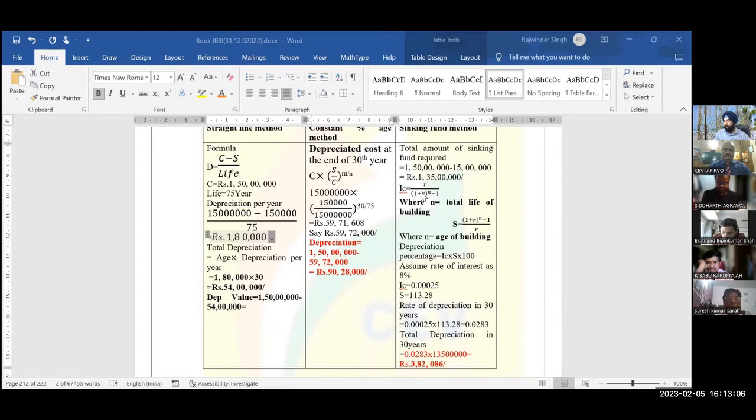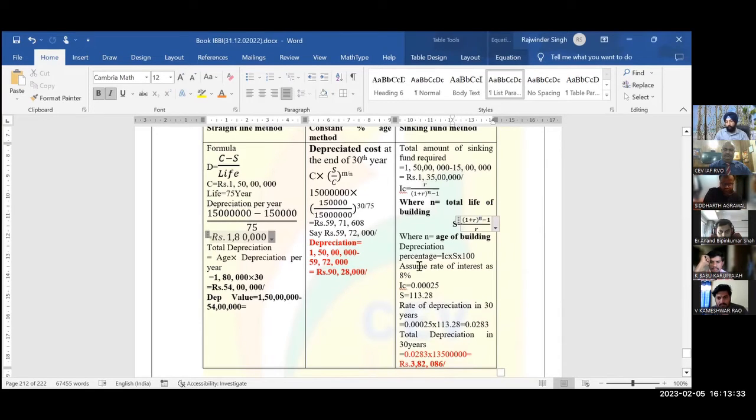Then you know the formulas for I and S: I is equal to R over (1 plus R) raised to power N minus 1, and S is equal to (1 plus R) raised to power N minus 1 upon R. So in this formula, what will be the value of N? 75. And in this S, what will be the value of N? 30. Okay. So you put these values.